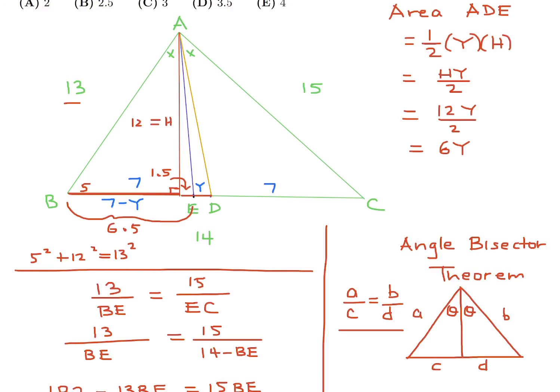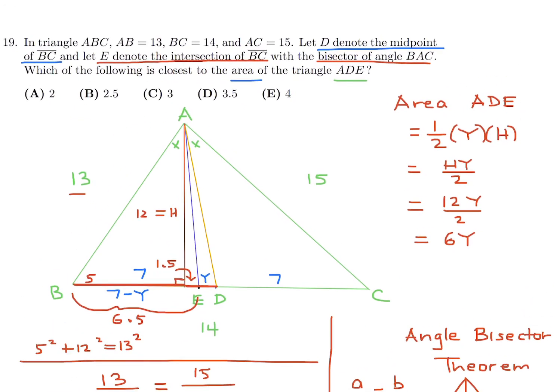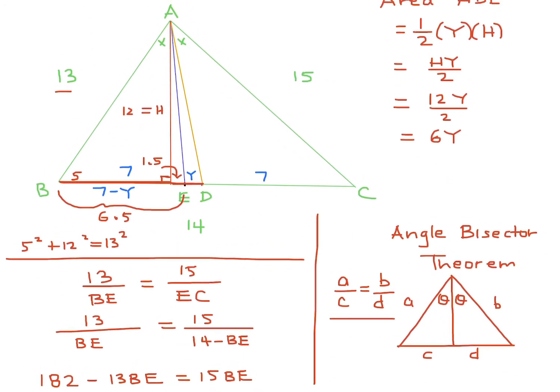And then therefore, how do we figure out y? Well, the distance from B to D was 7, correct? Because D basically was the midpoint. If you remember, D is the midpoint of BC. So from B to D was 7 because the full is 14.